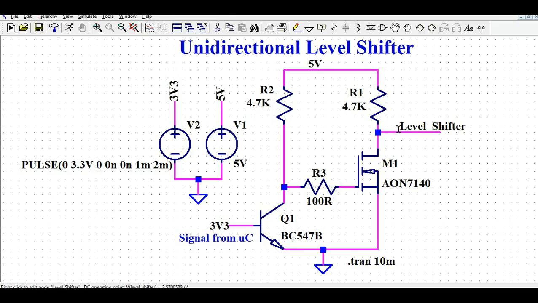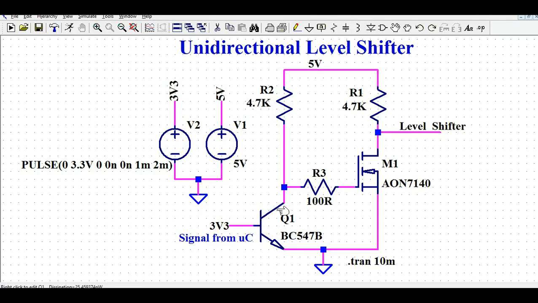Okay. So let us understand the design of the unidirectional level shifter, and later I'm going to run the simulation and show you how your 3.3 volt is converted to 5 volt. Q1 is an NPN transistor, and I have used the part BC547.